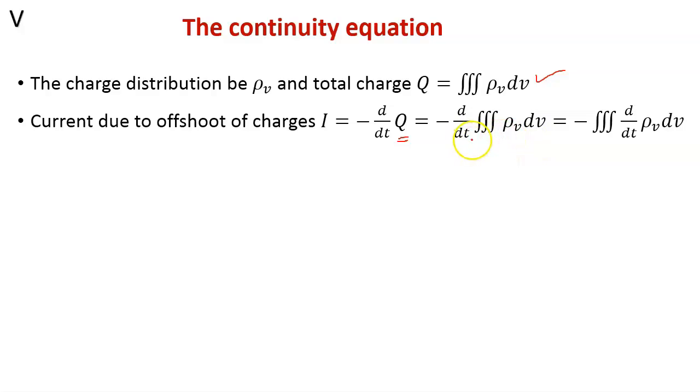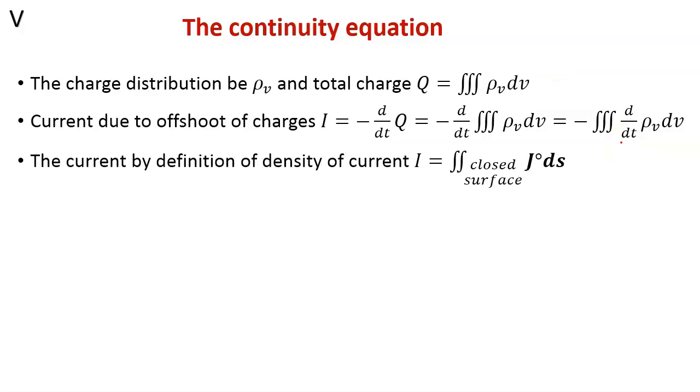Now here we can interchange the differentiation and integration operations because they are independent of each other. I mean to say that this triple integral is over space coordinates x, y, z, while the differentiation is over the time coordinate, which are not interlinked here.